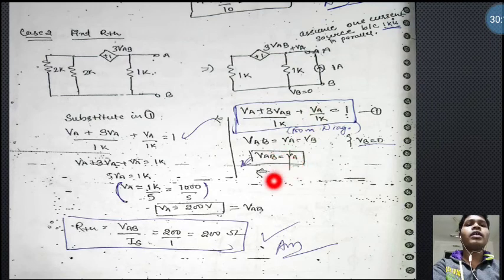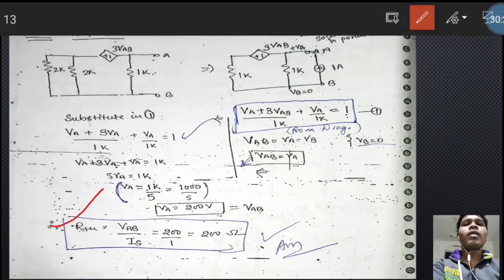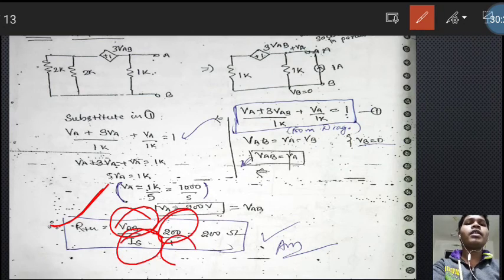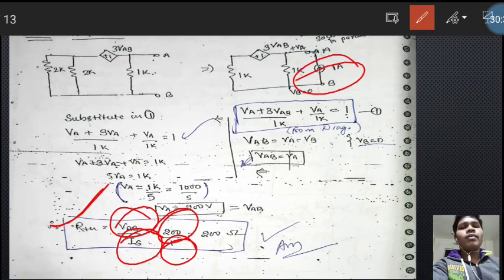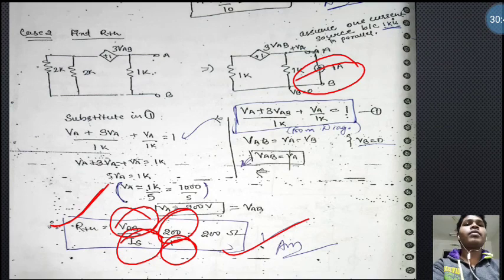After calculating we will get VA is equal to 200 volt, that is VAB. So RTH can now be easily found, that is RTH is equal to VAB divided by IS. So VAB is equal to 200 volt divided by I, and we are taking I equal to 1 ampere. After putting 1 ampere in this equation, we find that RTH is equal to 200 ohm. So this is our solution.